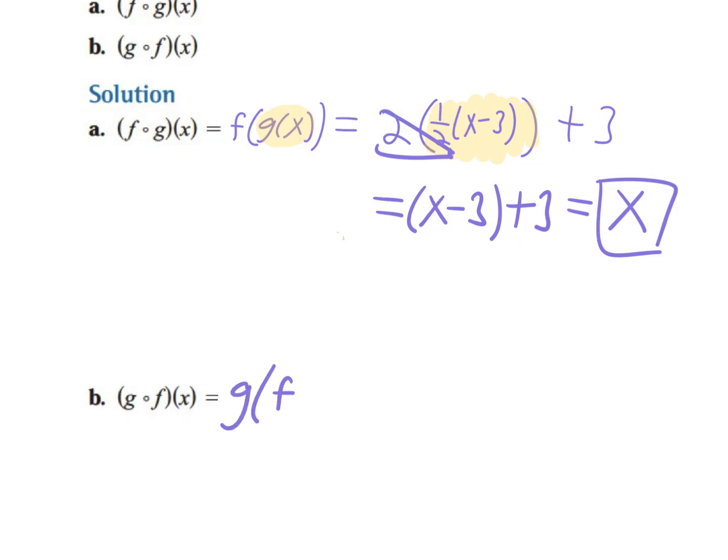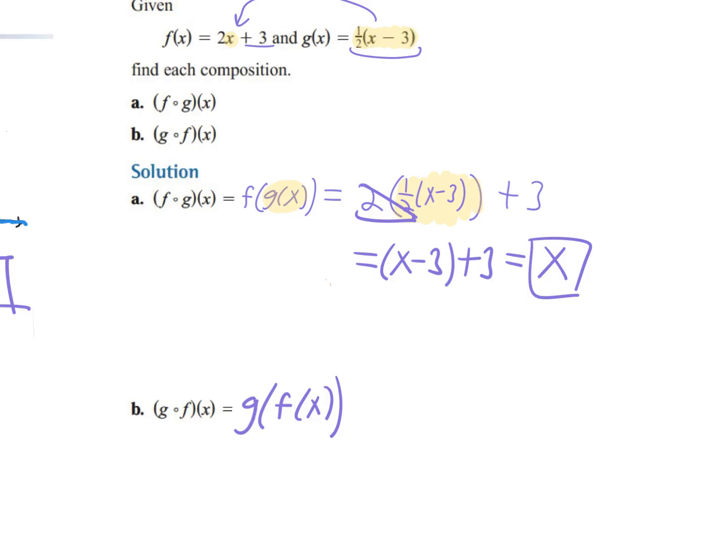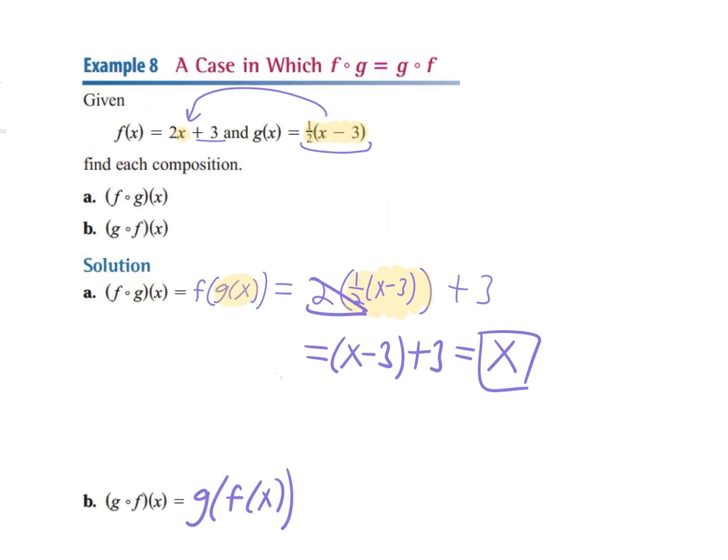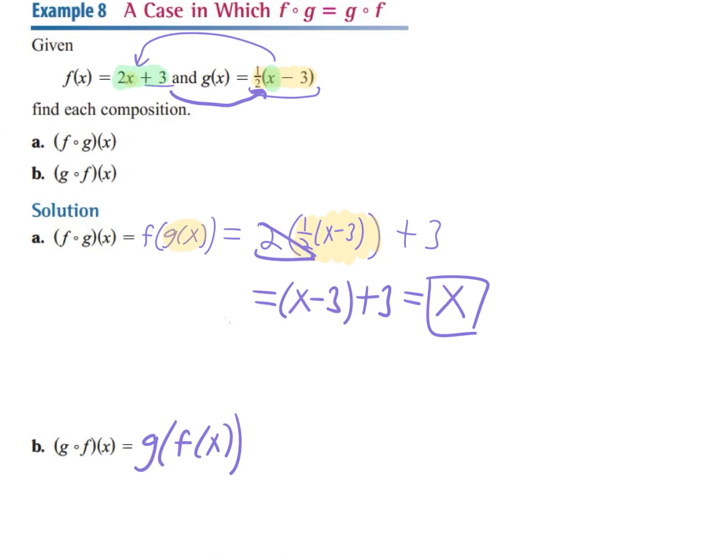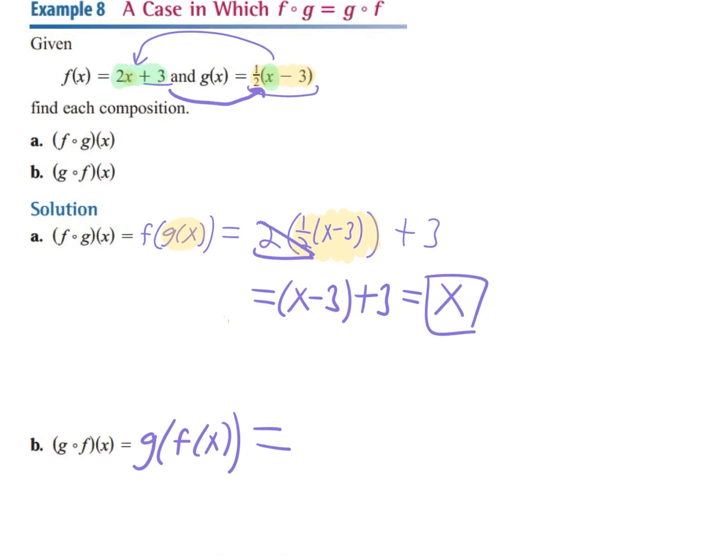This is, again, something like that. So let me take a different color. So that means I'm going to take all of f of x, and I'm going to put it in that x in g of x. So everything that I highlighted in green should be interchangeable. All right, so we're going to take all of f of x and we're going to put it in that x of g of x.